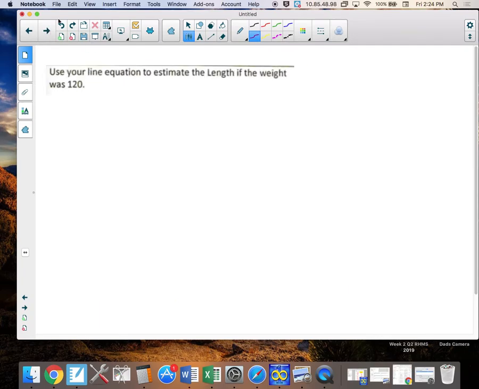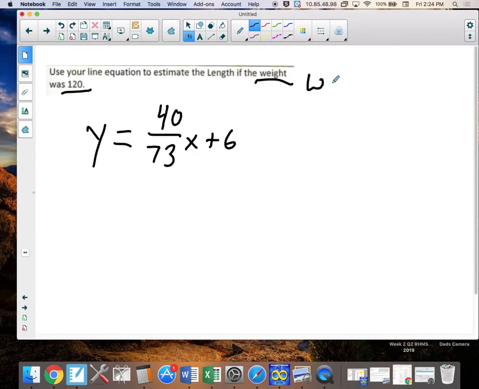Question number 6 is just like the other one, but this time they've told us a weight. So I'm going to use my same line equation that we came up with. But when weight is 120, what they're really giving us is y.